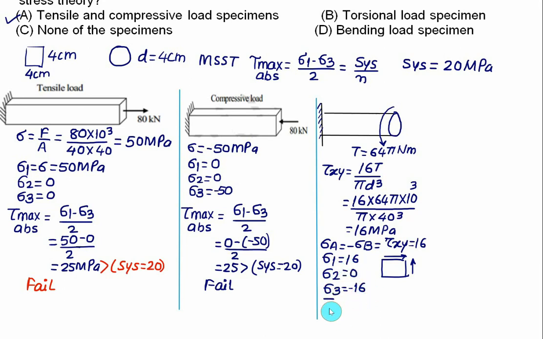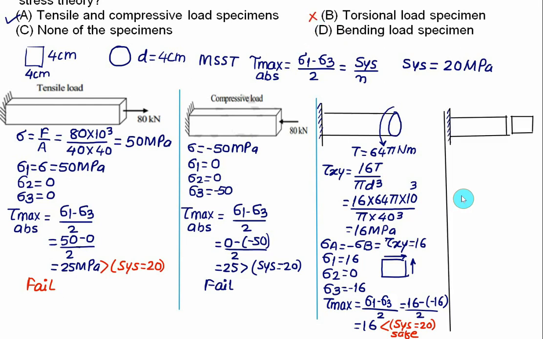So we have tau max, which is equal to sigma 1 minus sigma 3 divided by 2, is 16 minus minus 16 divided by 2, which is equal to 16 megapascal. And this value is less than SYS, which is equal to 20. So this part is safe. So because of torsion, it will not fail. So this one is a wrong choice.